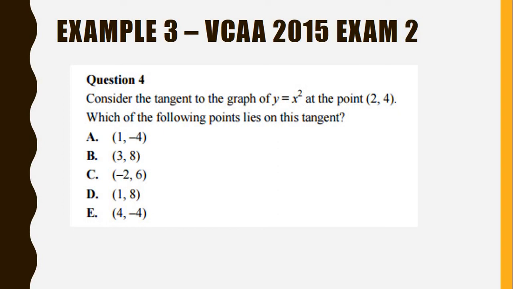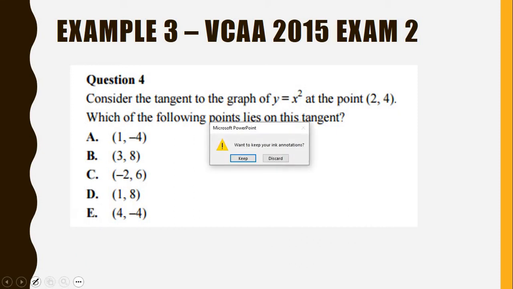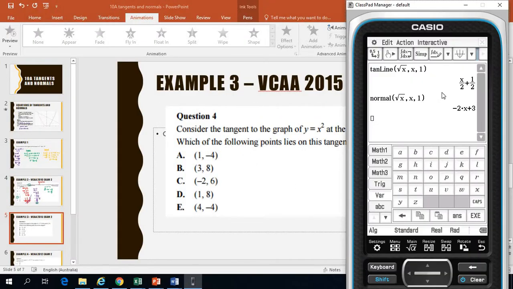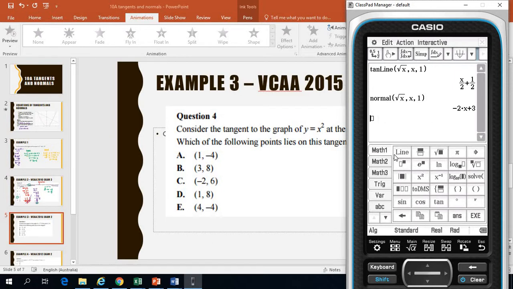In this next question, we're wanting to consider the tangent to the graph at the point 2, 4. Let's actually use our calculator for this one, because remember, efficient use of calculators is really important to make good use of your time in exam 2. So if we start with our equation, x squared is my equation.